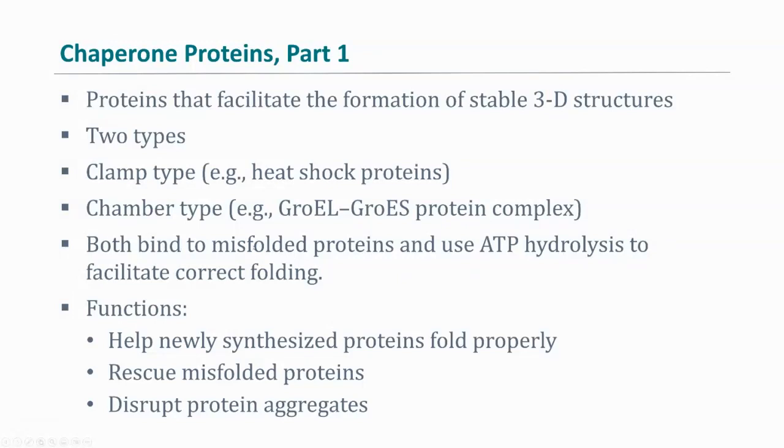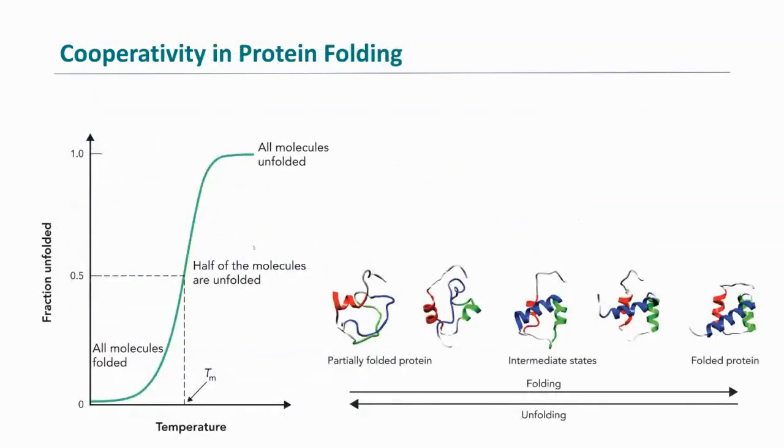Both bind to the misfolded protein and use ATP hydrolysis to facilitate correct folding. Their function is to help newly synthesized proteins fold properly, rescue misfolded proteins, and disrupt protein aggregates.